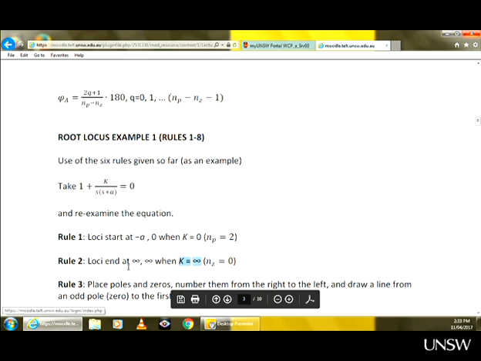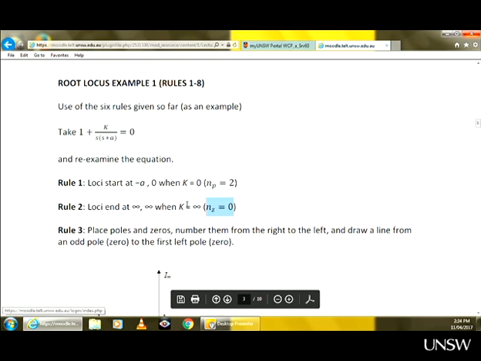Now, the number of finite zeros, there are no finite zeros. That means we have 2 infinite zeros. Okay, because the number of finite zeros is 0. There are no zeros. Okay, so when k equals to infinity, our locus is going to be somewhere at infinity. But we still don't know how it is going to get there.